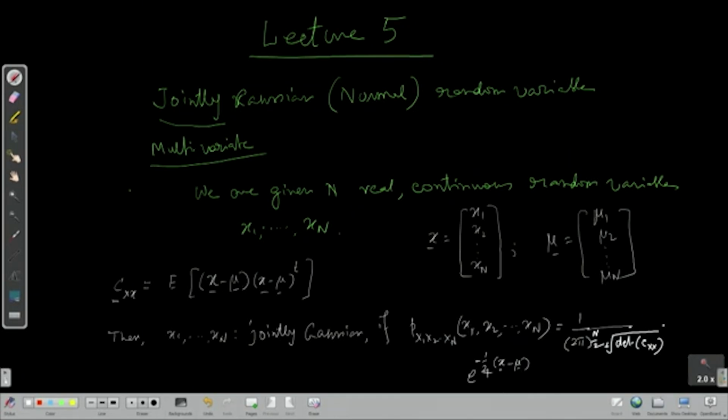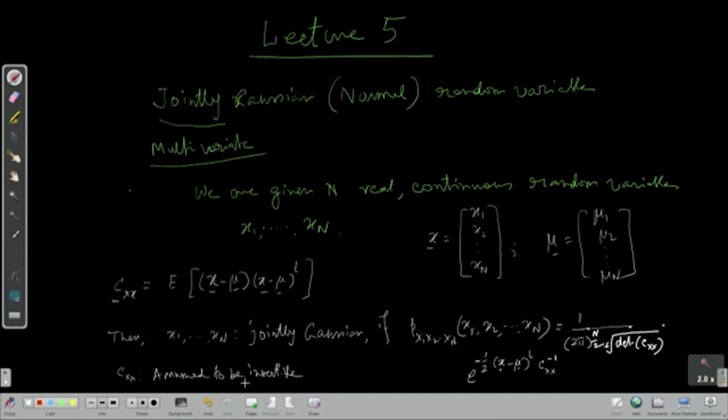The column vector, in the formula it comes as a row, column transpose is a row, then Cxx inverse, and I am assuming the Cxx matrix is invertible. That is, the inverse exists. Not all matrices are invertible, but we are assuming, and when we can assume that we will discuss later, it is assumed to be invertible.